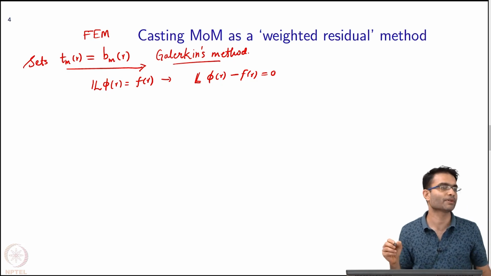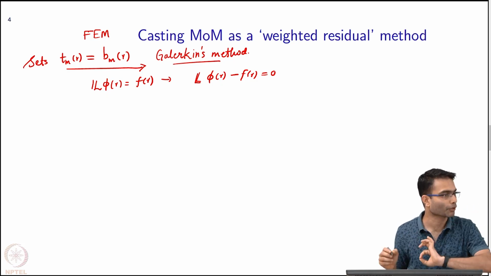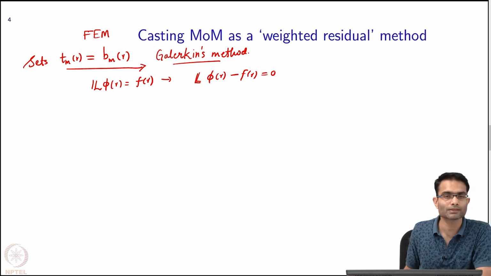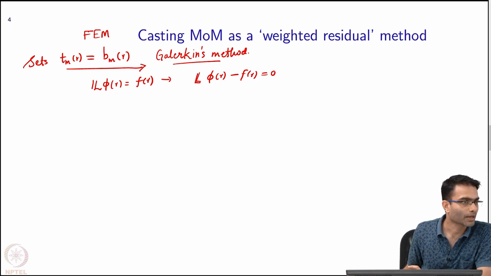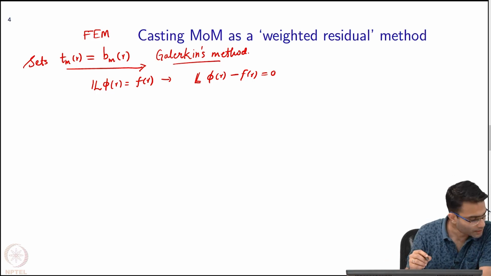Okay. Previously, we were enforcing this at just 1 point. Now, what we will say is, to get better accuracy, I am going to use a testing function other than a delta function, and that is the same as the basis function in FEM. So, what does that basically mean?